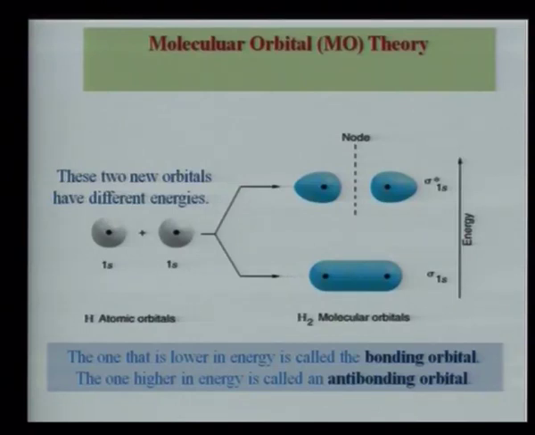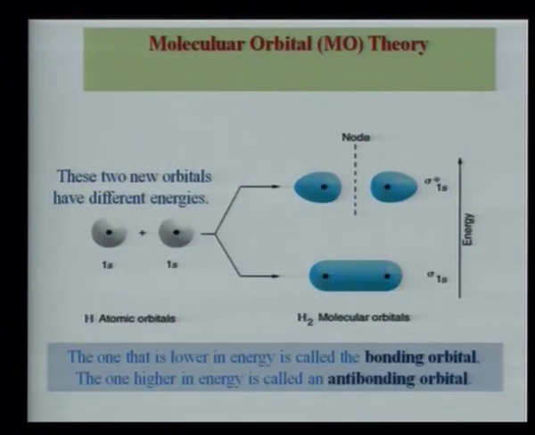Sigma 1s has lower energy as compared to the two combining hydrogen atoms, so that is the bonding molecular orbital. The other, sigma antibonding, has high energy, so that is called the antibonding molecular orbital. Both H atoms have one electron, so you put one electron from each atom, and you will find the two electrons enter into the bonding molecular orbital.